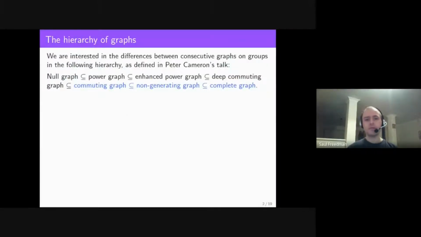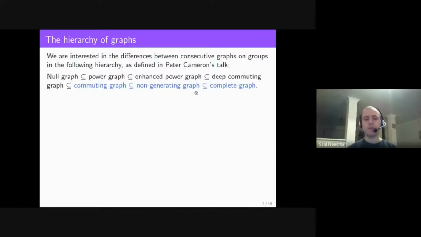So as some motivation, recall that in Peter Cameron's first talk in the seminar series, he defined this hierarchy of groups, or of graphs rather, defined on groups. So in each of these graphs, the vertex set is the set of elements of a group. And Peter pointed out that it's interesting to study the difference between consecutive graphs in this hierarchy.